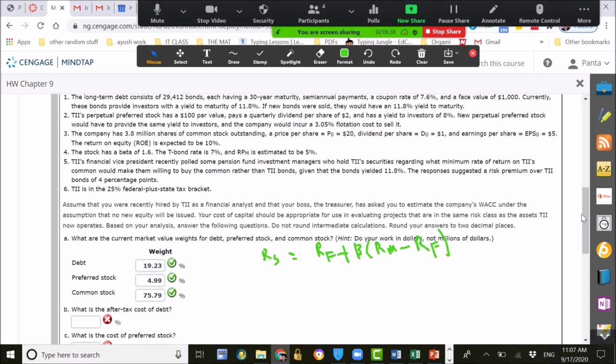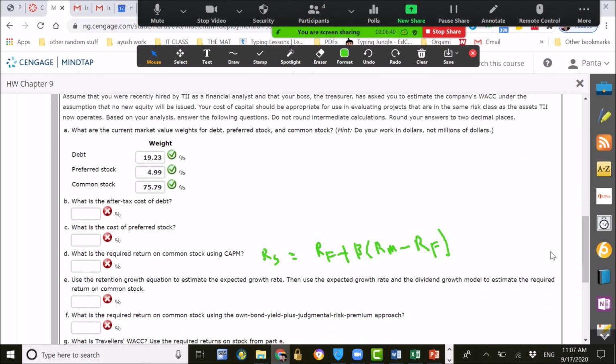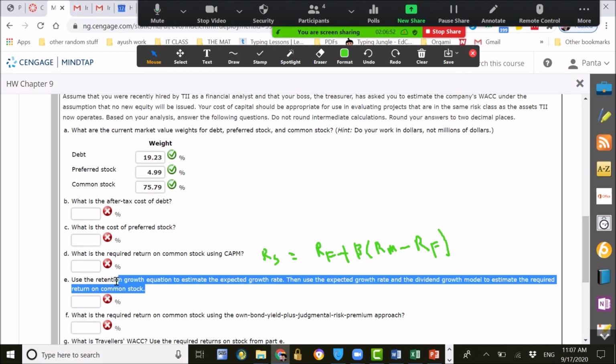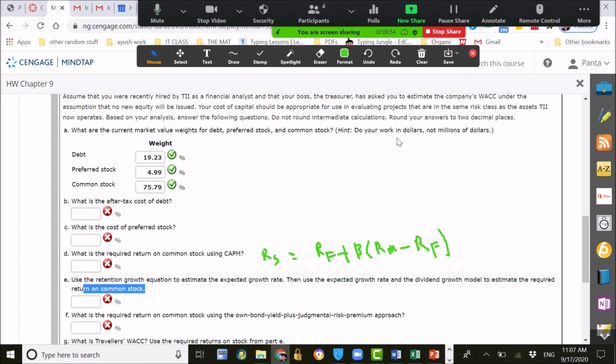For this question number D. And question number E, if you use the retention growth equation, please check this one. There is an example using the retention rate, like cost of equity information, and just plug in the numbers. And this one is bond yield plus judgmental risk premium.